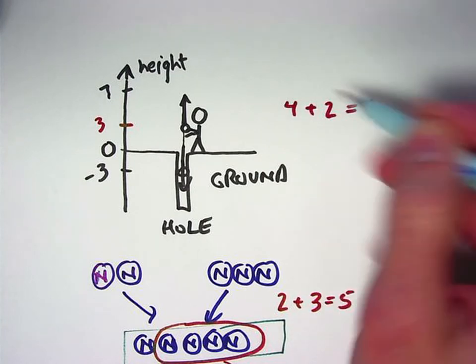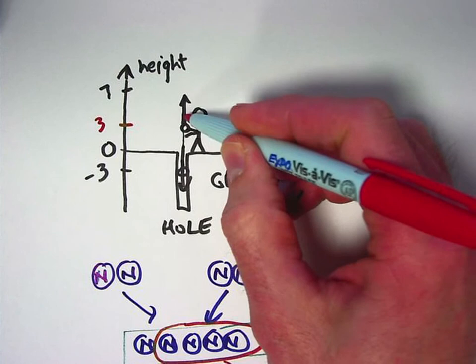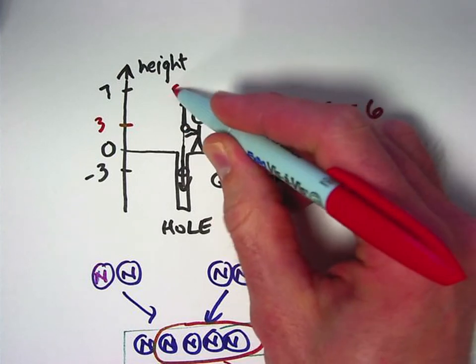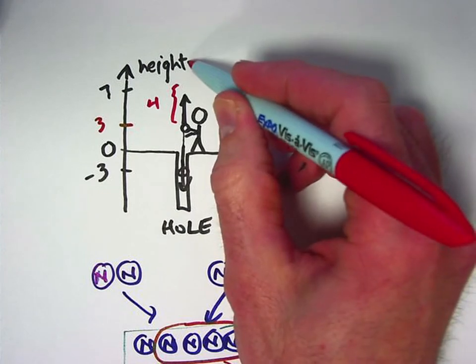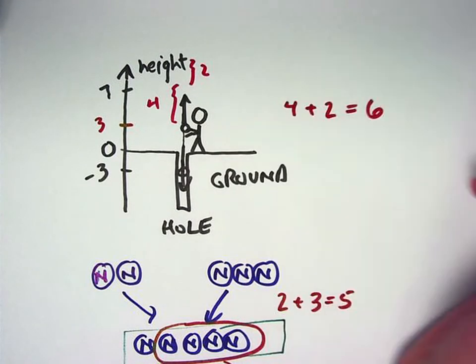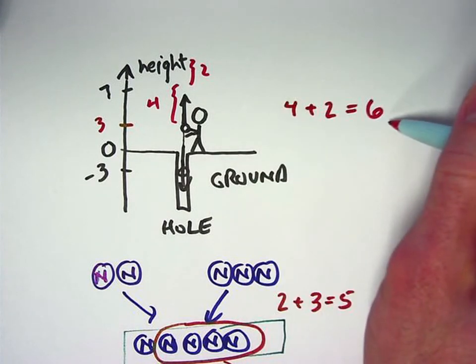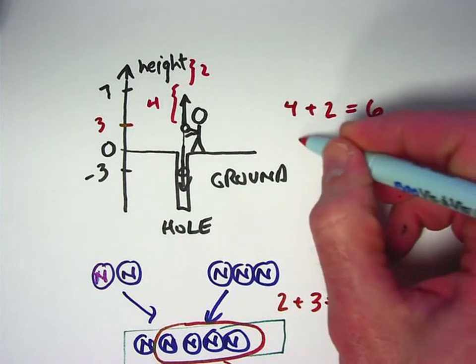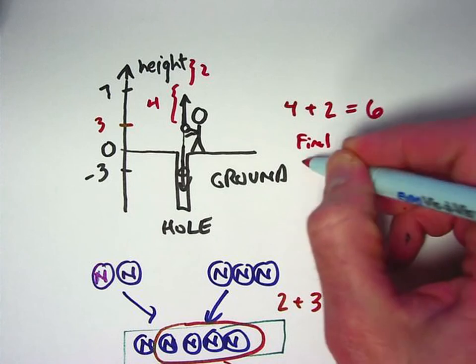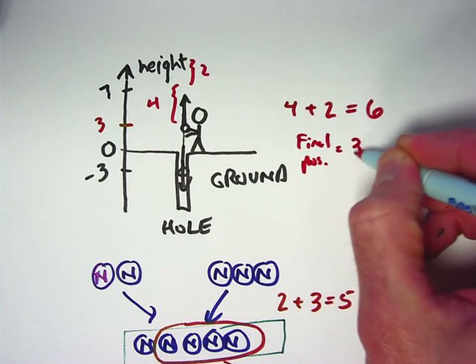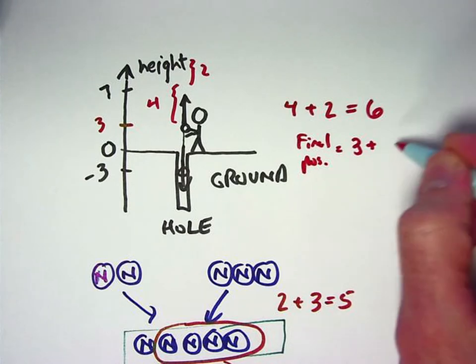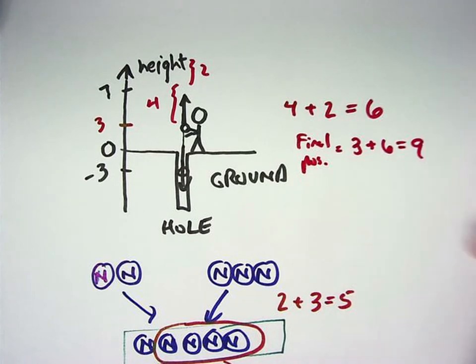In this case, the same as distance traveled. If it starts at 3 feet high, it goes up 4 feet to 7 feet high, that would be 4 feet right there, and then goes another 2 feet up. 6 will be how much it has changed its position. And its final position will be at height 3 plus that change in position. 3 plus 6 equals 9.